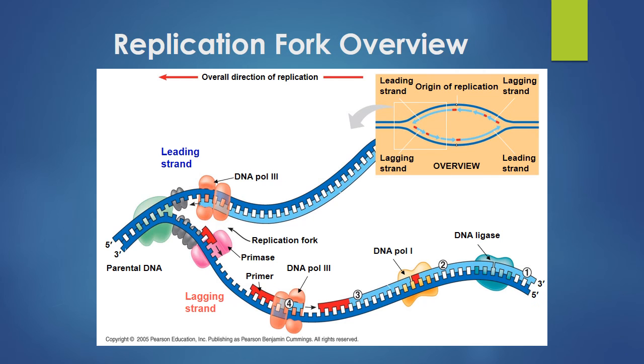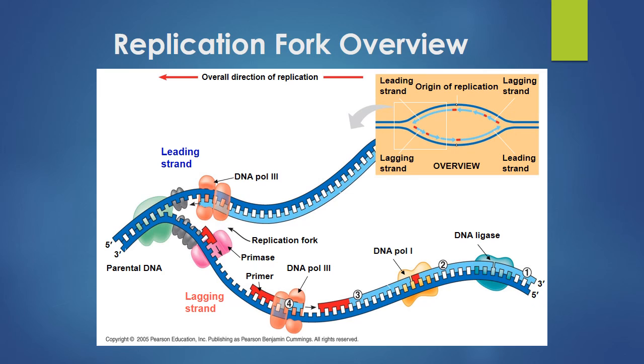And then this is just an overview of the replication fork, and it was obtained from the book. As you've seen, the copyrights are all reserved. So for the leading strand, we can see it's continuous, but for the lagging strand, we are seeing there are so many enzymes involved.